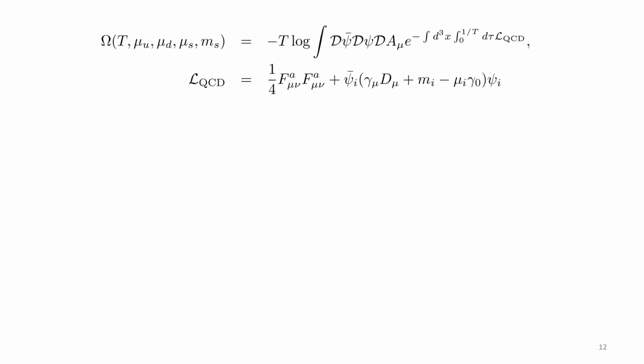So again, we are back to the formula that we have seen many times during my lecture: the path integral for the partition function of QCD. Working in the grand canonical ensemble, the quantity we get from its logarithm is the grand potential. That's a function of temperature, the u, d, and s quark chemical potentials, and the s quark mass.